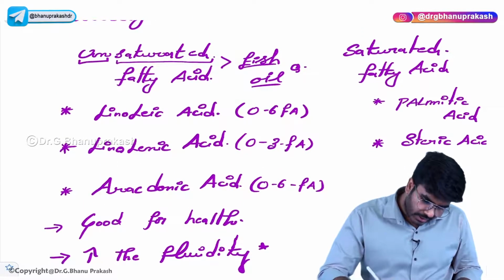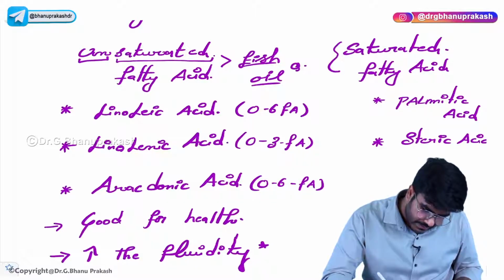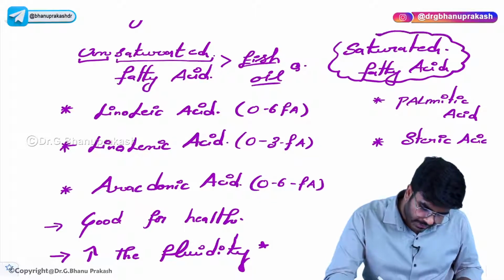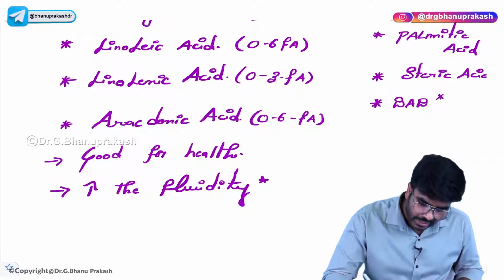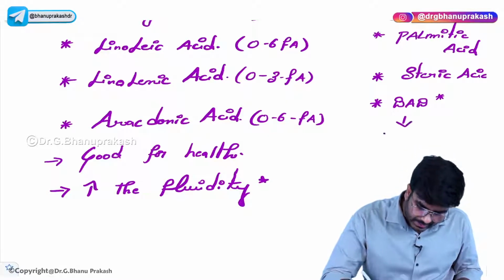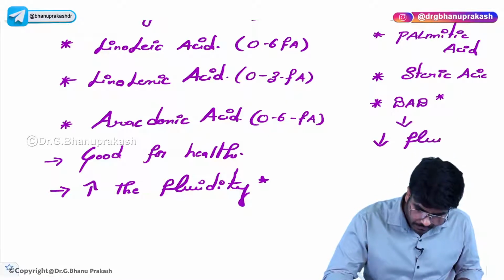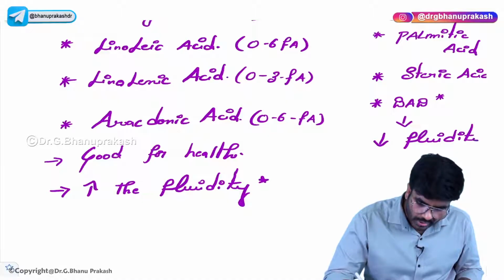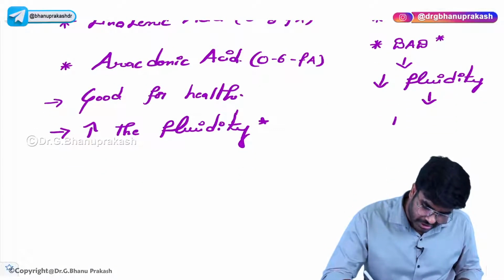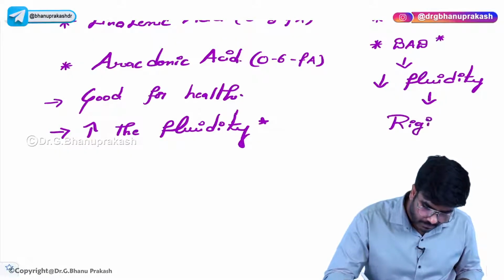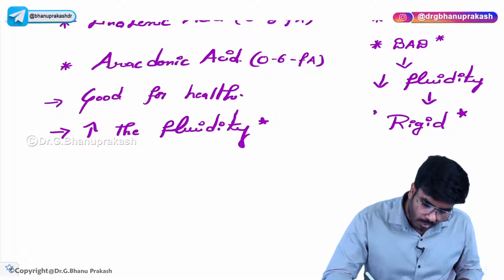But when I'm talking about saturated fatty acids, they are very bad for health. Why are they bad for health? It's because they decrease the fluidity. What do I mean by decreasing the fluidity? They make the cell membrane more rigid.